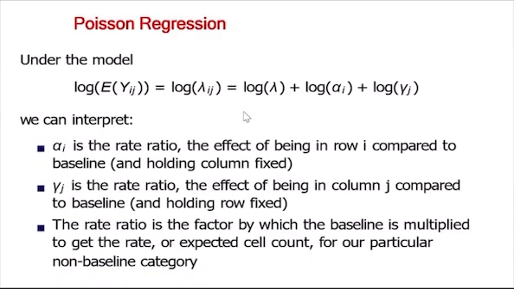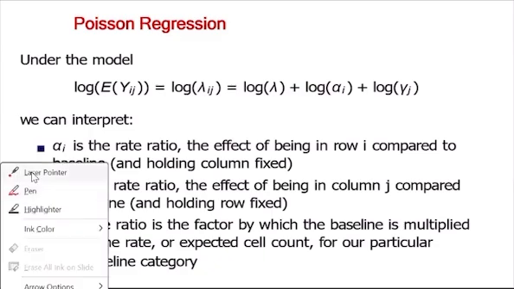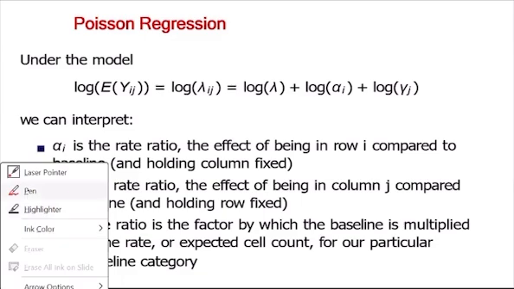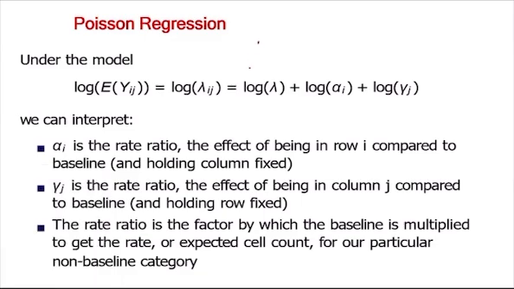Initially, what we have here is lambda_ij. Let me write what we have initially. Lambda_ij equals lambda times alpha_i times gamma_j. That was what we have initially.